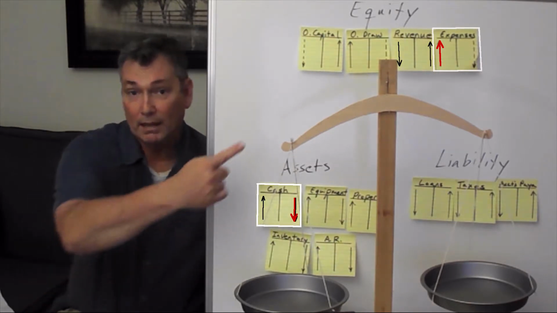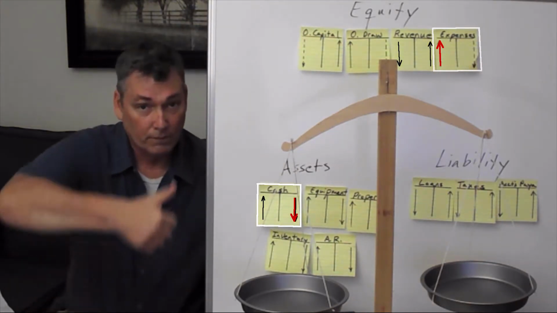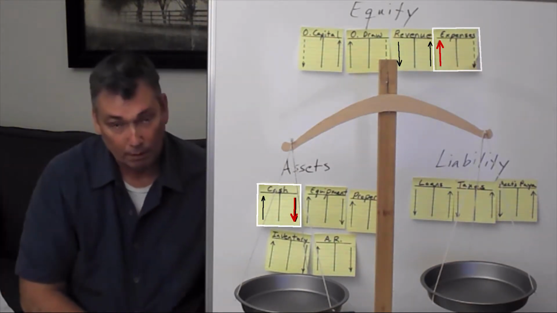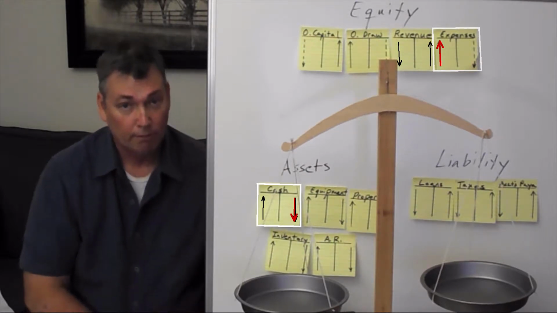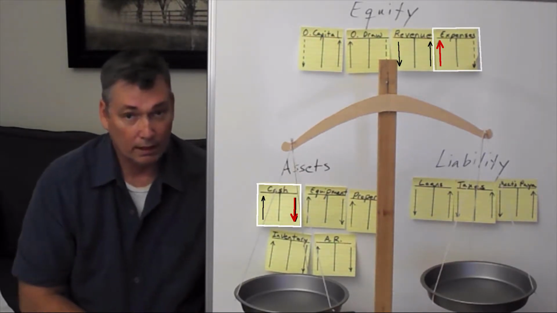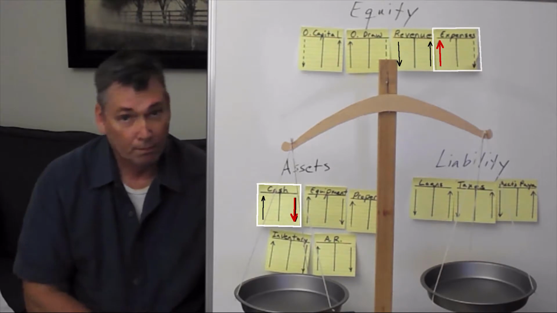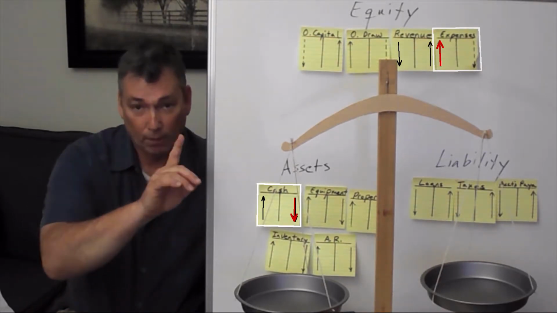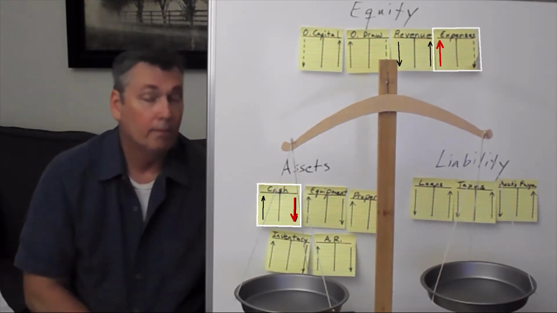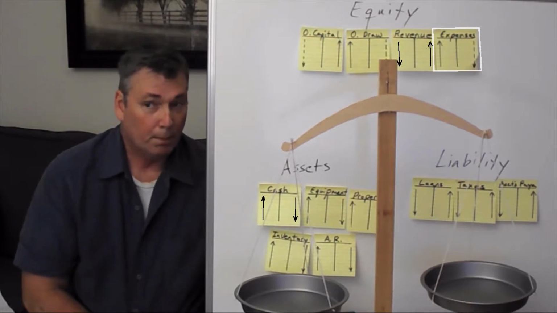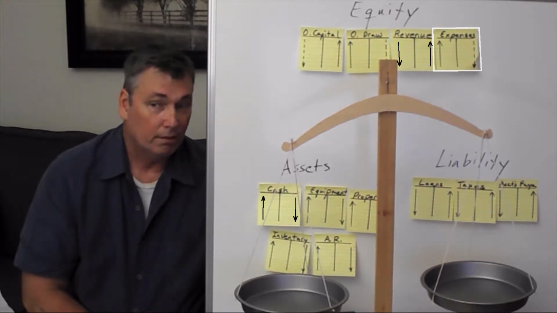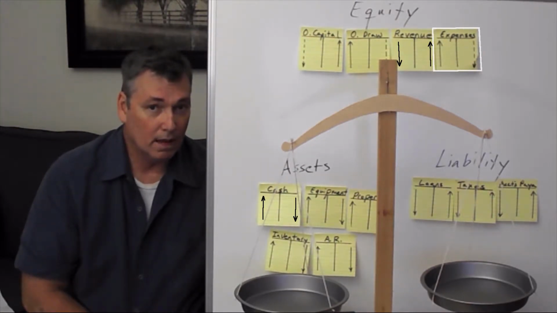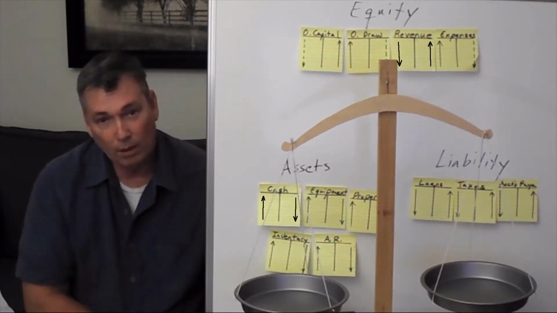Notice how the expense up there goes up because it's an expense. The left arrow in the expense T account is pointing upward. Now notice on the right side of the T account it's a dotted line. That's a reminder that you probably won't be recording anything on that side of the expense account. Anyway, that's how it works.